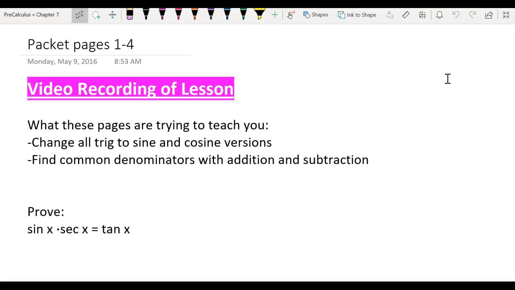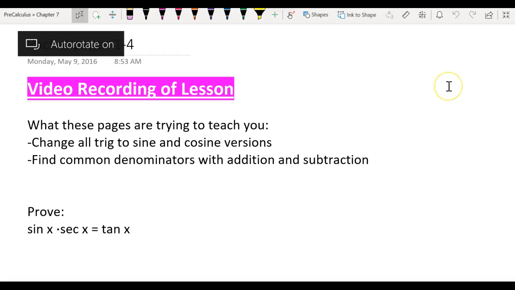The other thing you need to know about today is you should only be working on the left-hand side. You will only be working on the left-hand side. You should not be touching the right-hand side. So we're not going to change tan today at all. You guys ready to try some problems? All right. So we're only working on the left-hand side.